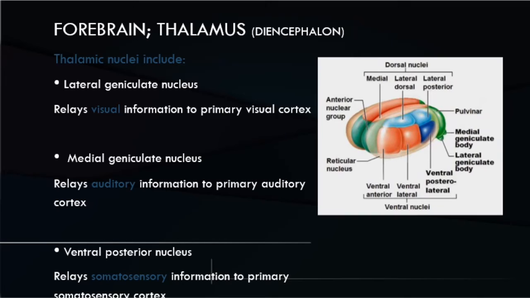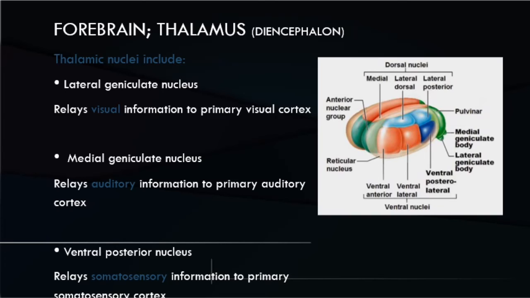So the thalamus has thalamic nuclei, such as the lateral geniculate nucleus, or LGN for short. Most people call it LGN. That's where the visual information goes first from your eyes before it goes to the primary visual cortex. So it's the eyes, then the thalamus, the LGN part of the thalamus, and then from there to the primary visual cortex.